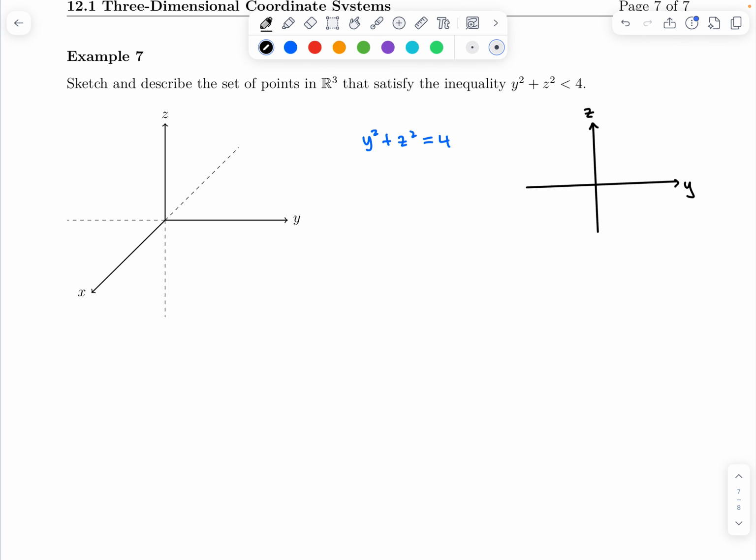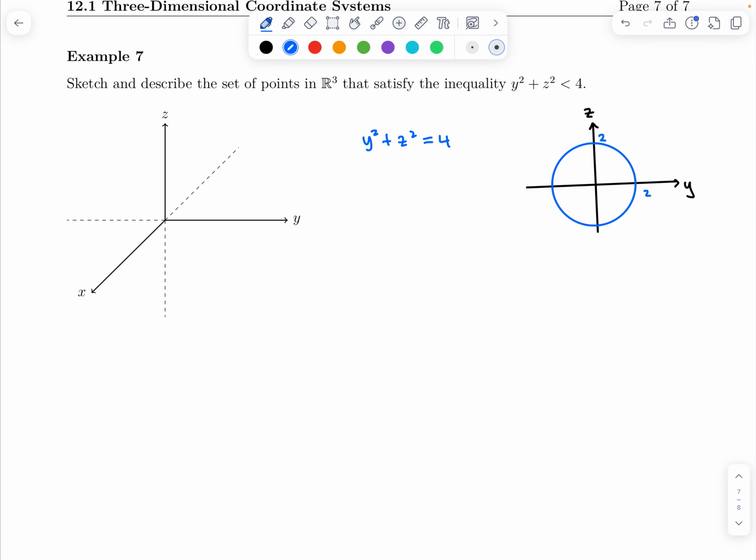We're used to seeing something like x squared plus y squared equals 4, which is a circle of radius 2 centered at the origin. It's the same type of thing here, it's just that our variables are y and z. So I'm going to draw a circle of radius 2 centered at the origin. This is what I'm expecting to see in the YZ plane.